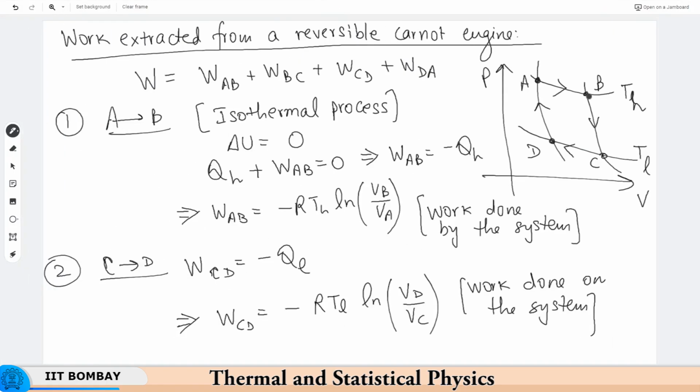This is the adiabatic expansion. So what is WBC? By definition we saw that WBC we can write as negative of the integral of PdV, where the volume changes from VB to VC.